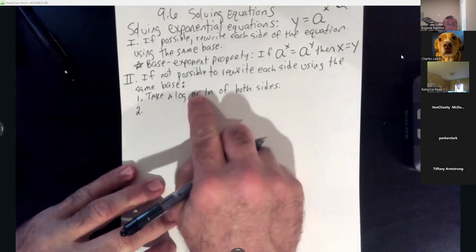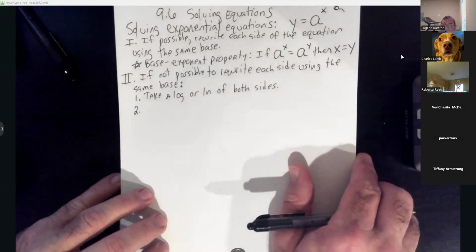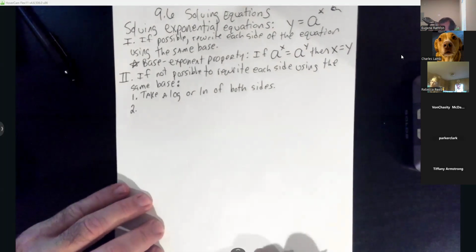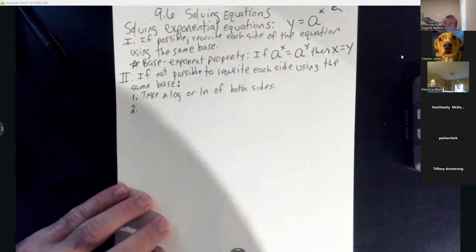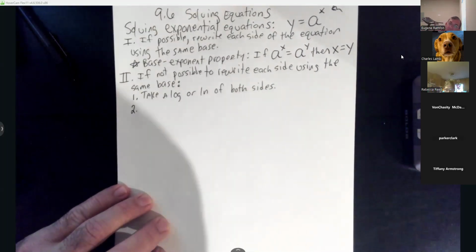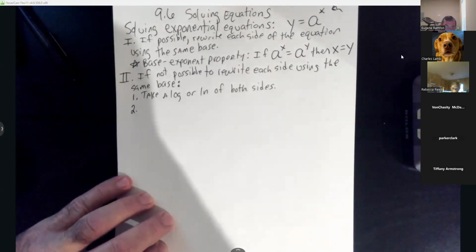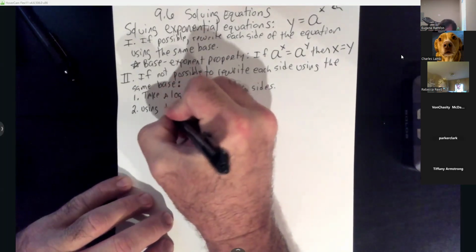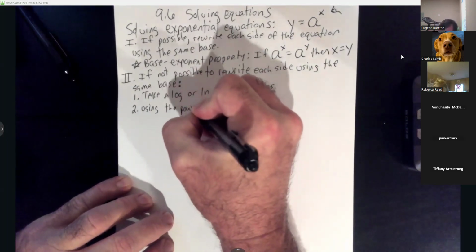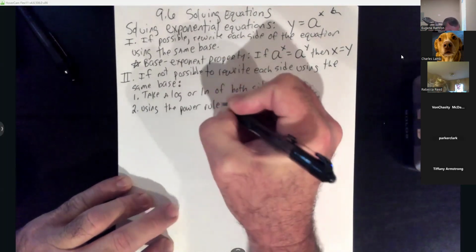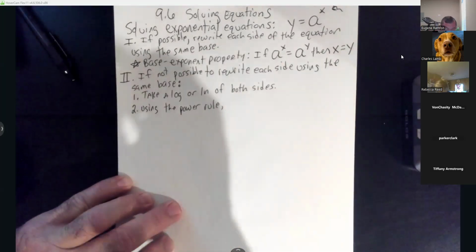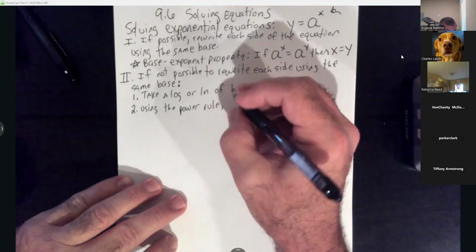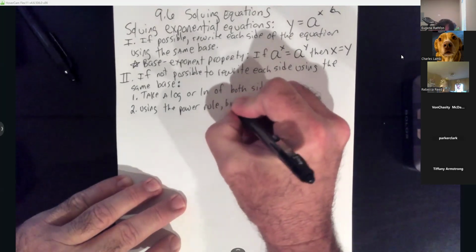Now, the reason I want to take a log or ln of both sides is because then I can invoke the power rule and bring the exponents down to the front like we did the other day. So using the power rule, bring the exponents down and write as a product.